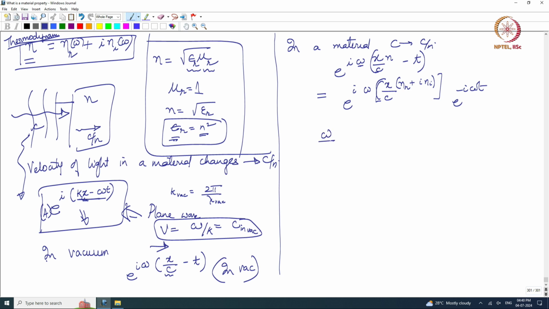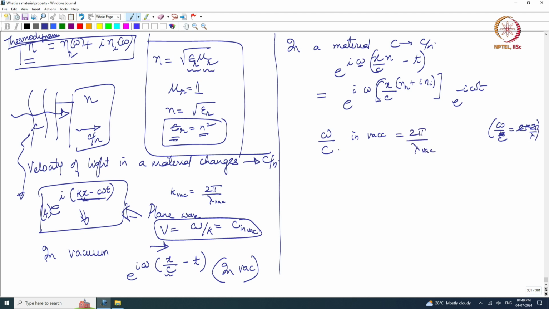Omega by c, right. I said in vacuum omega by k equal to c, or omega by c equal to k, that is equal to 2 pi by lambda in vacuum.